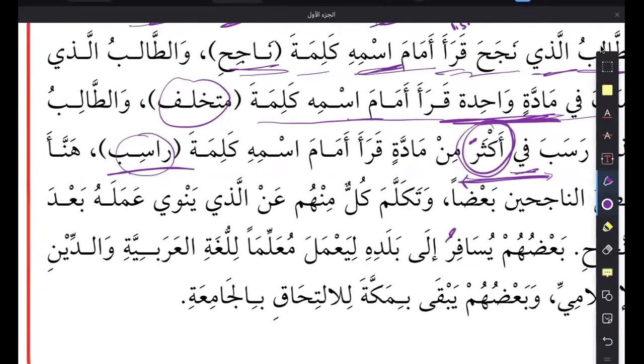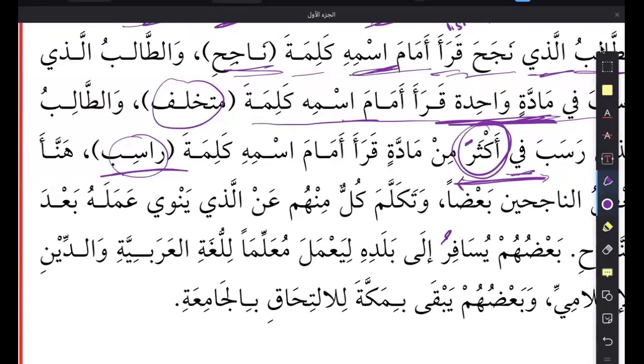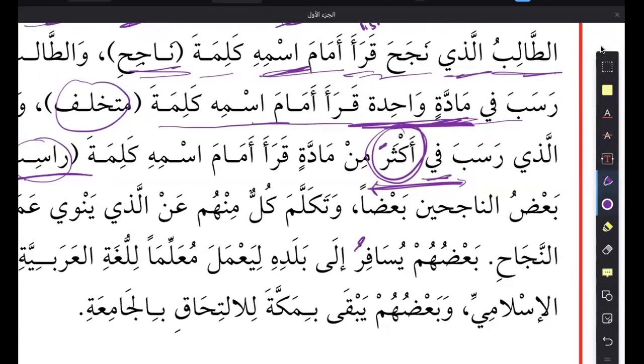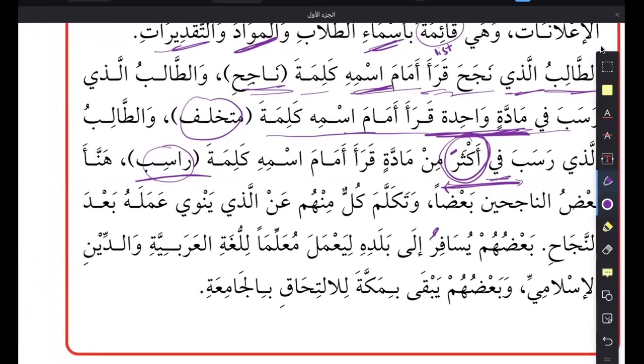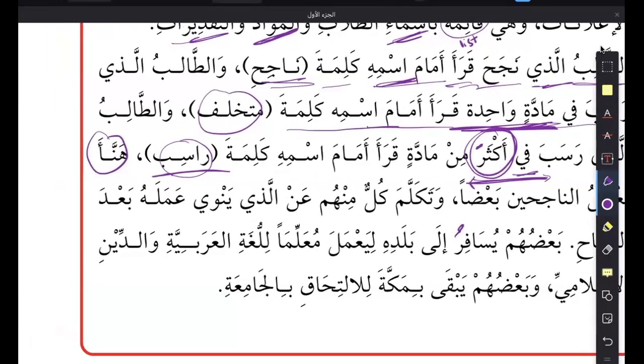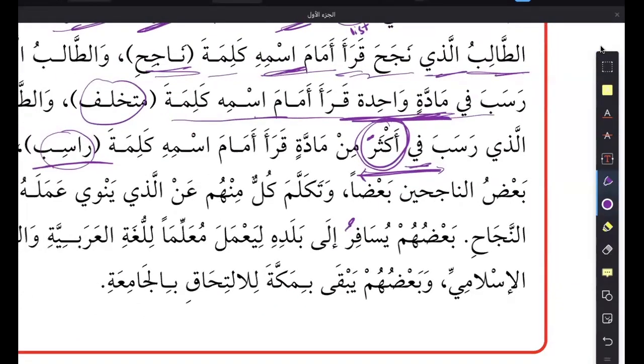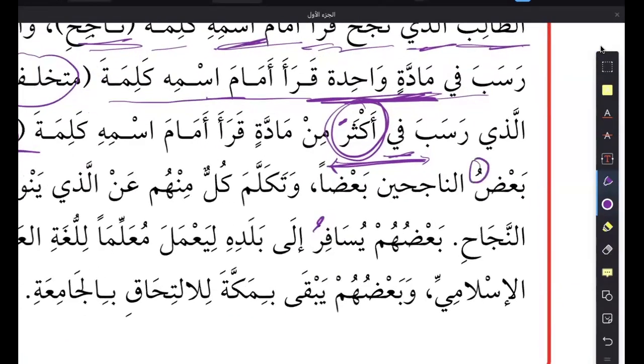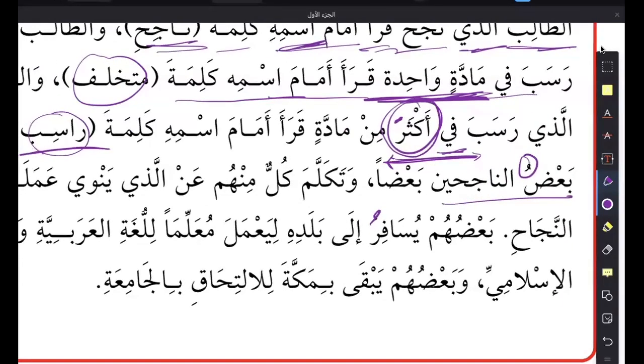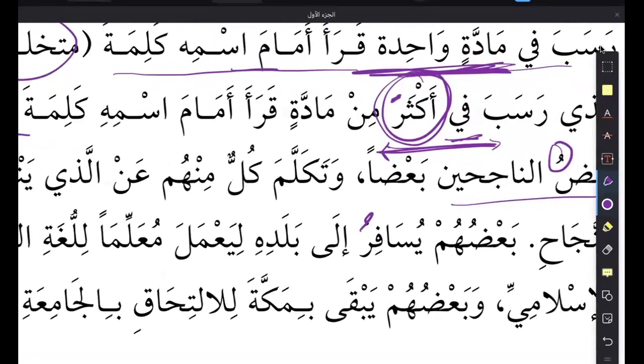Ahsant. Now he says, hanna'a ba'dun najihin ba'da. Hanna'a is to congratulate. I think we had this one before. As you can see, this ba'd is the subject, a doer. Ba'dun najihin, some of the ones who passed, are congratulating ba'da, others.